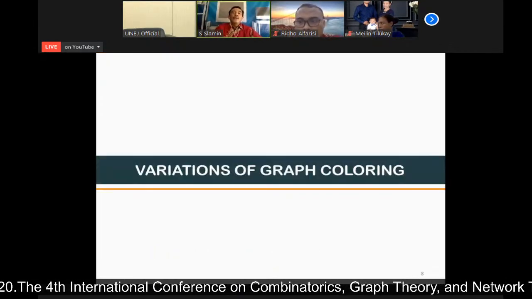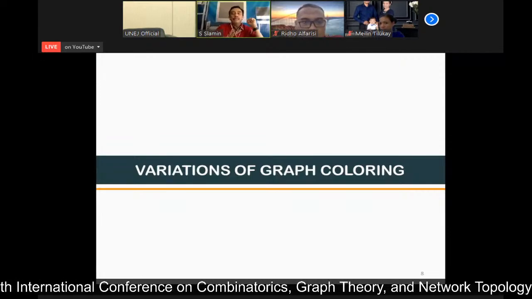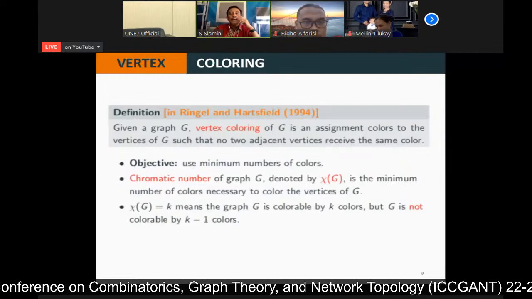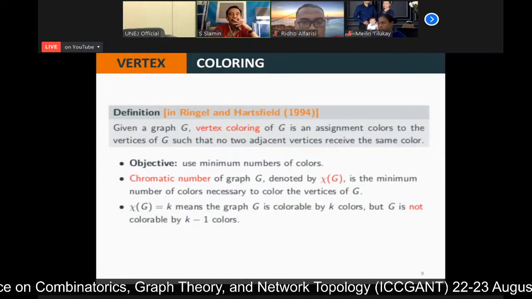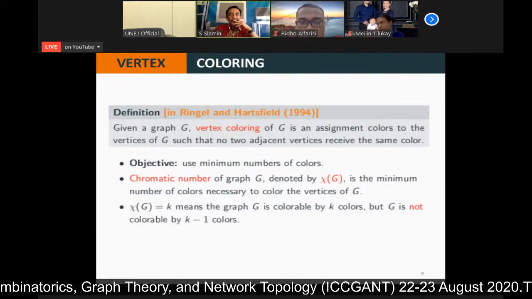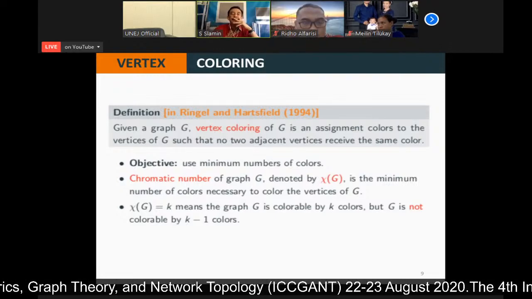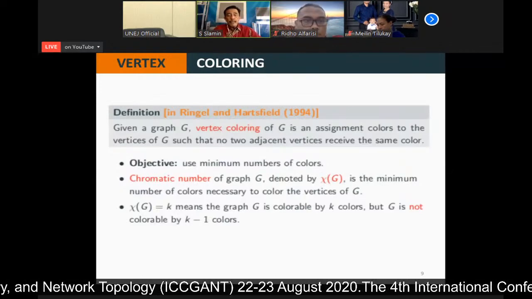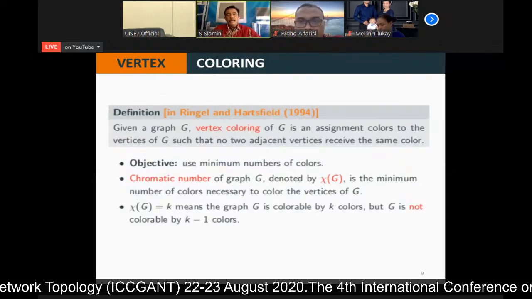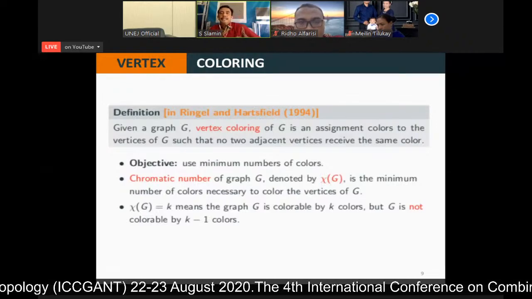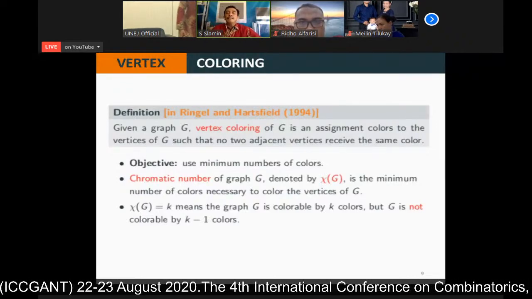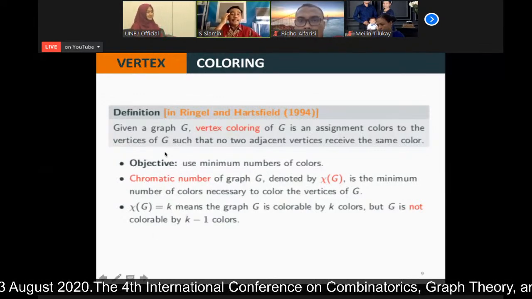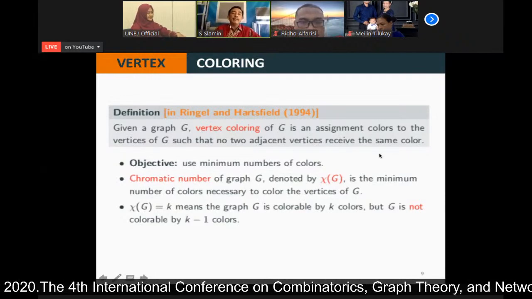Okay, now we start with the variation of graph coloring. The first one is vertex coloring. I took the definition from Ringel and Hartsfield's book, which I think is very popular in graph theory. Given a graph G, vertex coloring of G is defined as assignment of colors to the vertices of G such that no two adjacent vertices receive the same color.